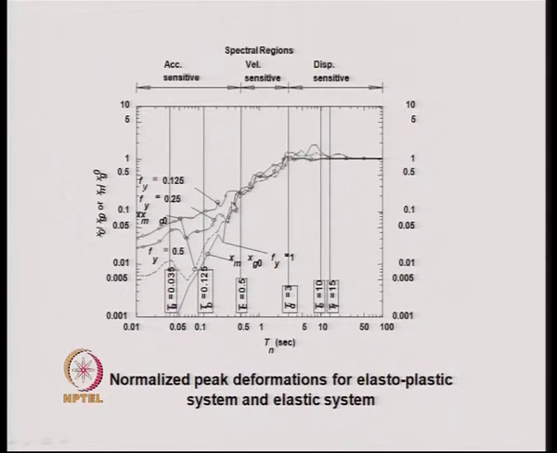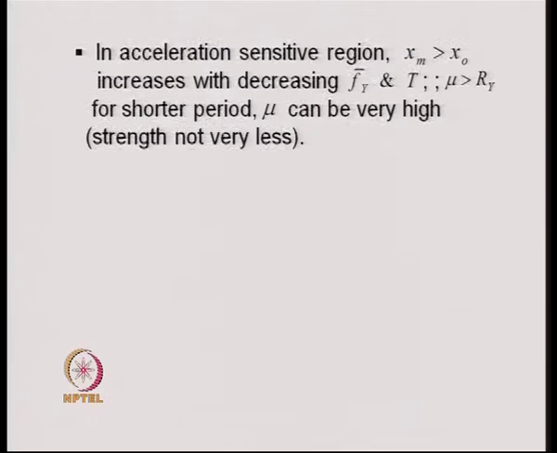Here we see some interesting things. In the acceleration sensitive region xm is always greater than x0, increasing with decreasing f bar y and t, and mu is always greater than ry. For shorter periods mu can also be very high.